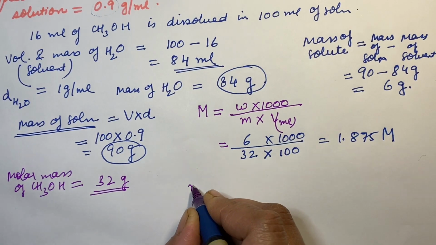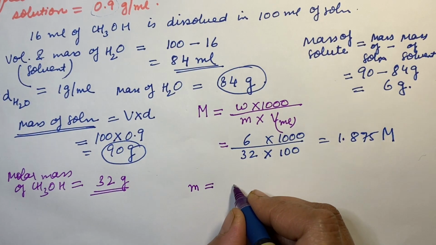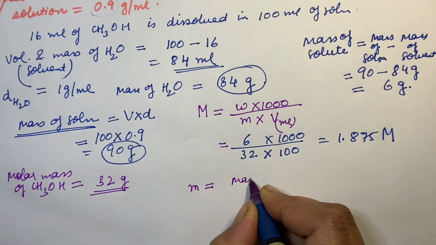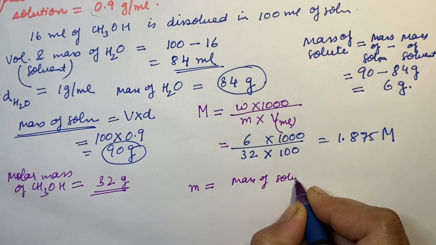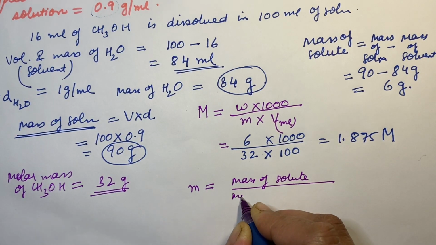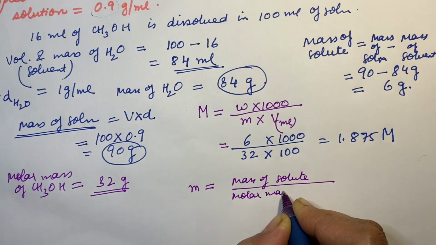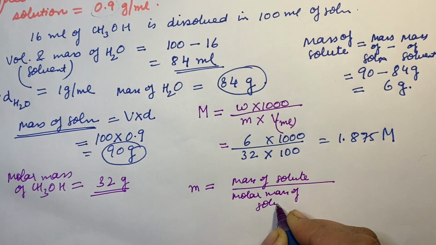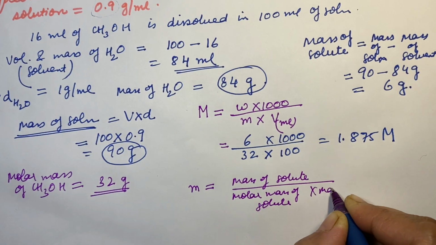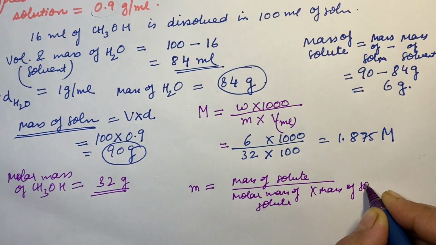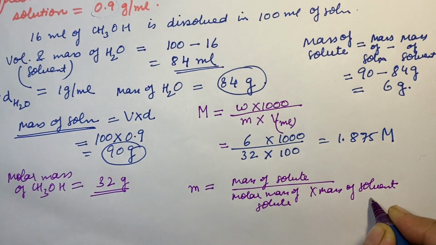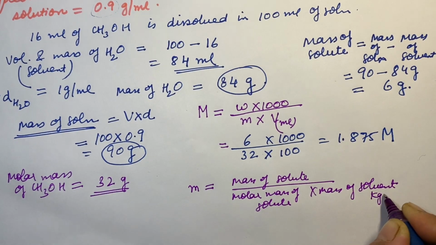Now come to the next part, calculating the molality. Molality is equal to mass of solute divided by molar mass of solute multiplied by mass of solvent in kg.